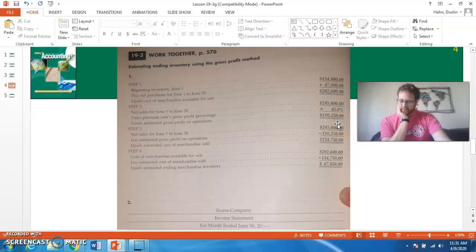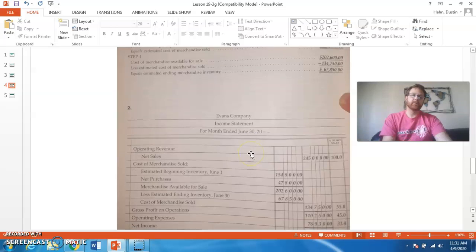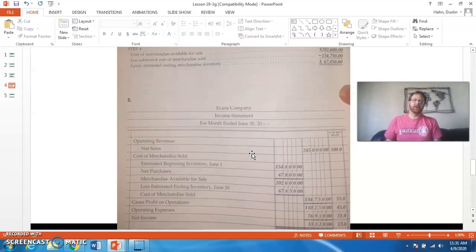Now, on the second one, prepare an income statement for the month ended June 30th. We've done an income statement, I believe, back in chapter 8. So again, here's what an income statement looks like.